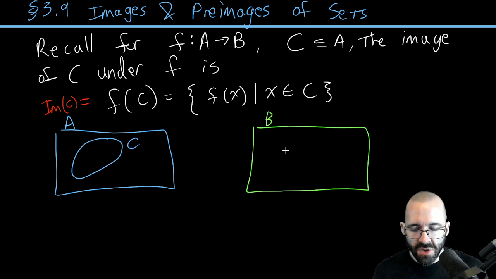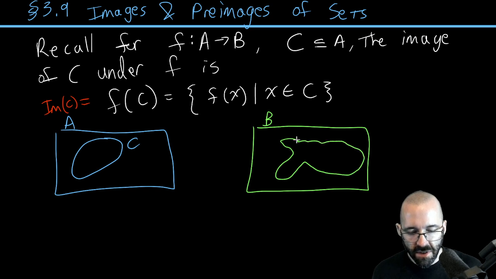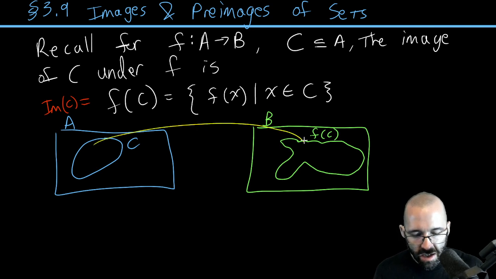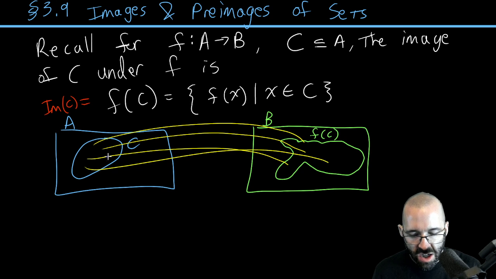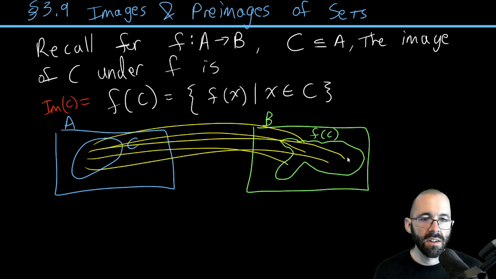Well, the image is just where do all of those elements in C go to? So maybe the image looks like this or something. Who knows what the image looks like? But the idea is that if we take everything in C and apply F, the image is just the shape of what that looks like.